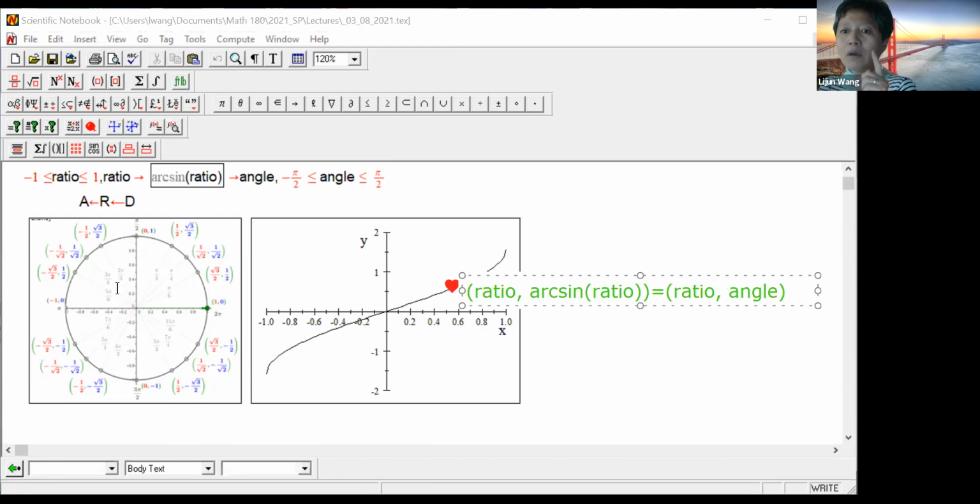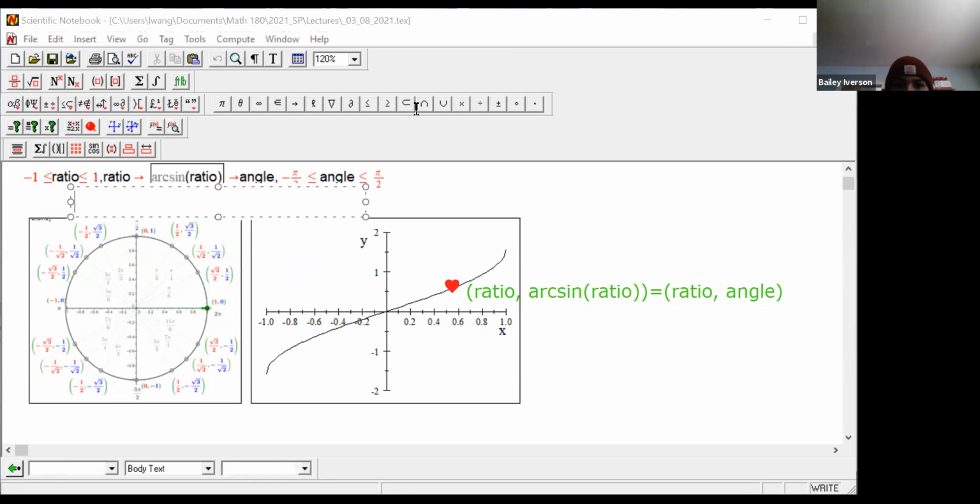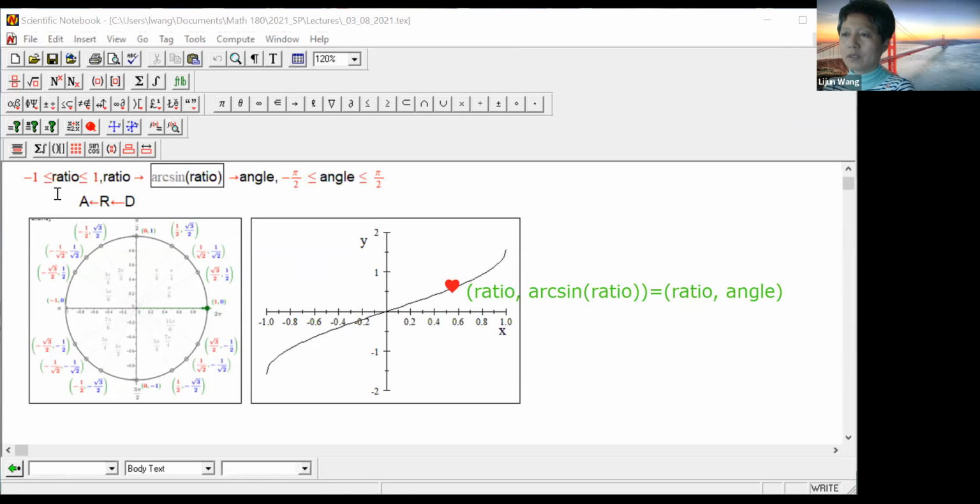Now, unit circle. What's the perspective on the unit circle when we work with arc sine? When you work with arc sine on the unit circle, you are not going to need quadrant 3 or quadrant 2.